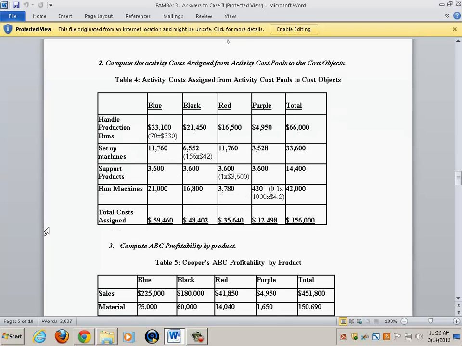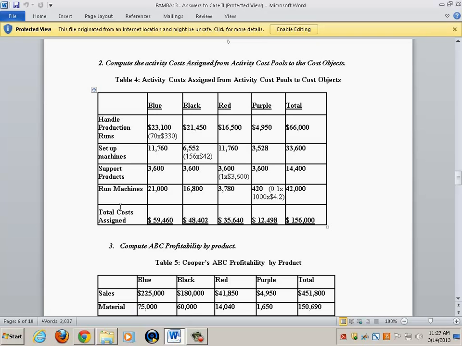So now we get the total indirect costs assigned to all. We sum up the for blue, and we get 59,460.